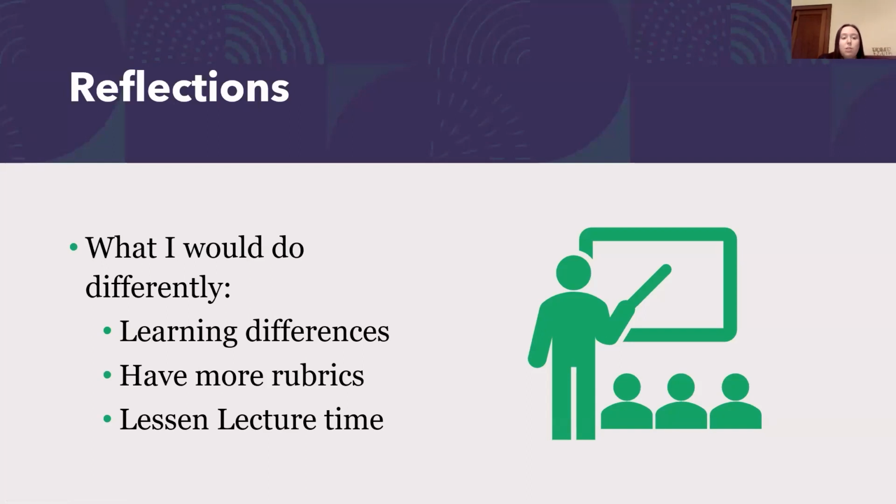For my reflections, there are some things that I would like to do differently. I would like to incorporate more learner differences into it. I could have more hands-on things or hands-off, and then I could have more written out aspects. If I have a child that is hard of hearing, I could be louder or have a child closer to me or have speakers.